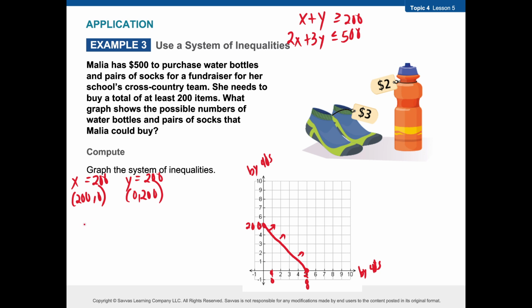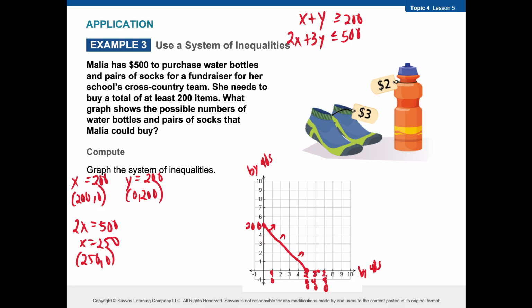Next, if I want to find how many water bottles I can buy at $2 each with no socks, 2x equals 500. And I can buy 250 water bottles with no socks. So that's 240, that would be 280.